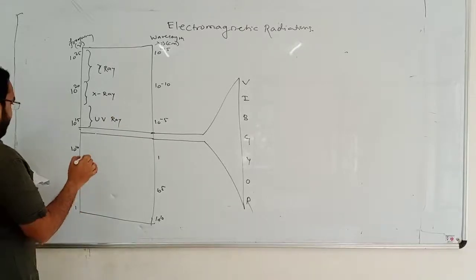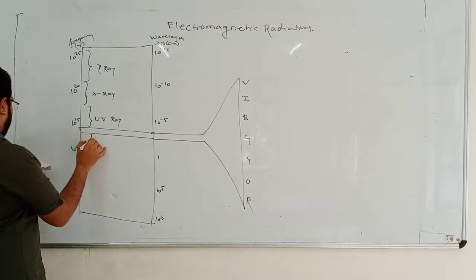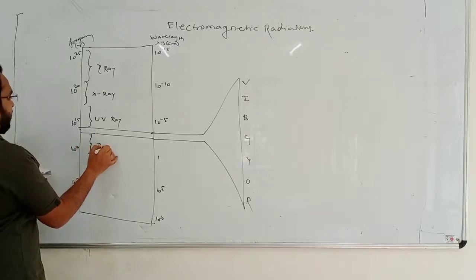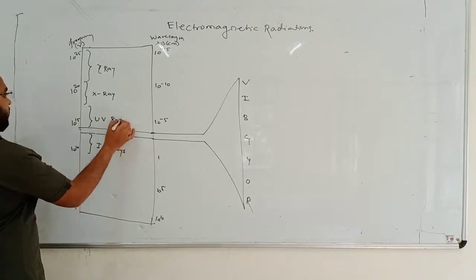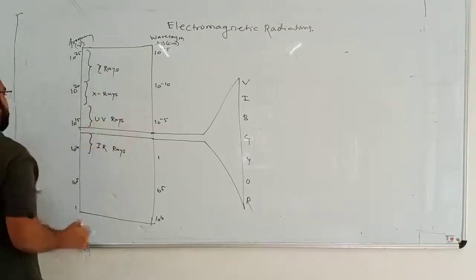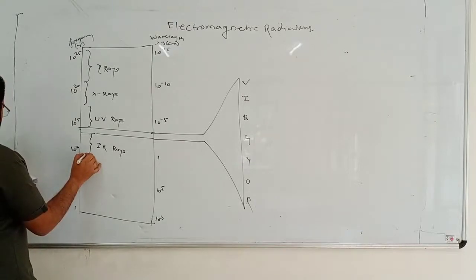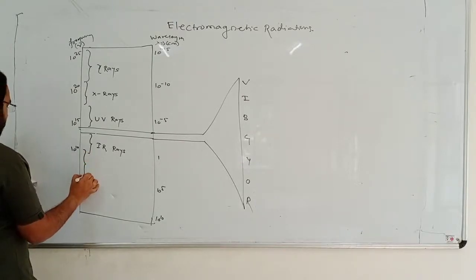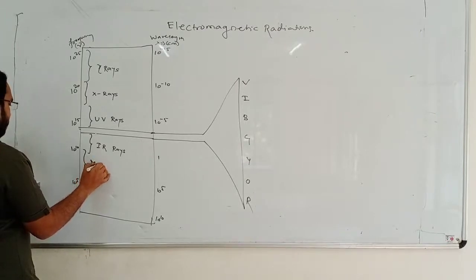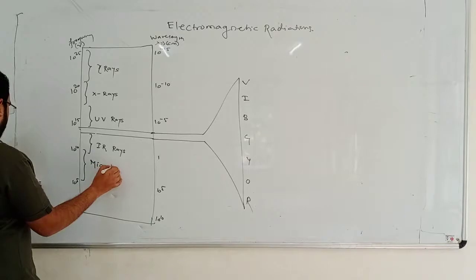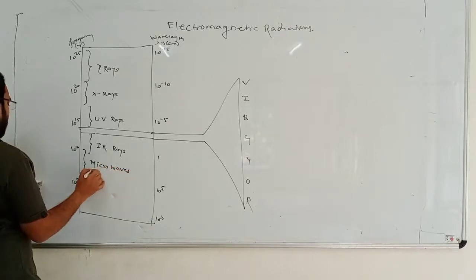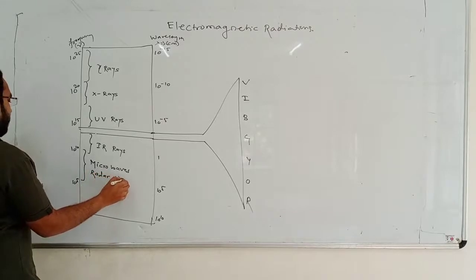Then from here to here, infrared rays. From here to here, microwaves or radar waves.